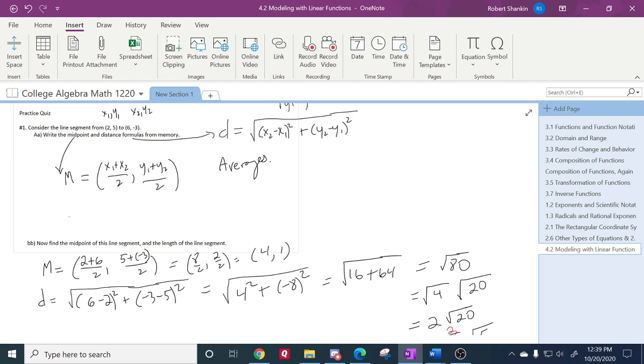So let me give you a minute for making your diagram. Give you 30 more seconds.